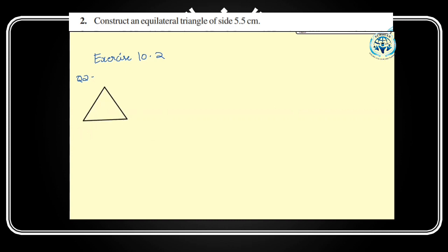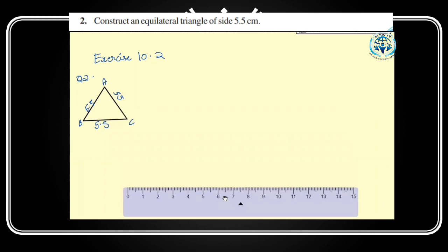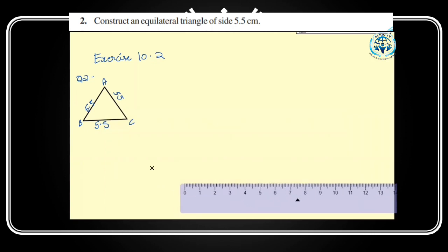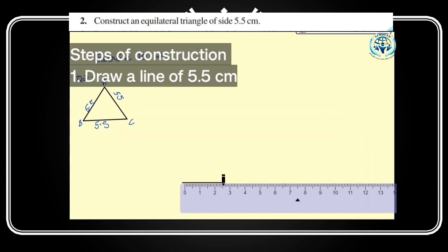Each side is 5.5 centimeter. Draw a line BC, 5.5.